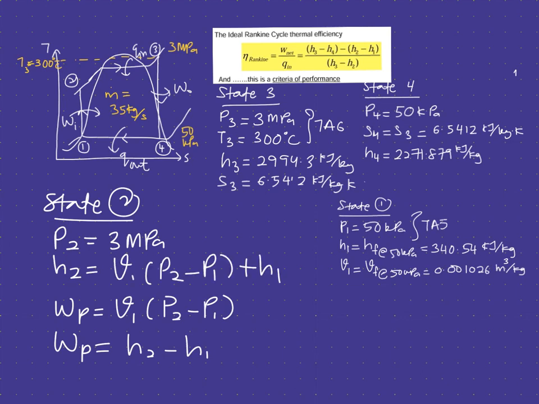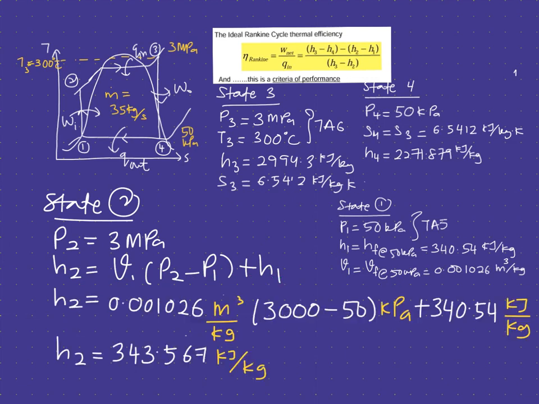Thus, you will get your H2 is equal to specific volume at 1 times the difference of pressure plus the enthalpy at 1. Please note that all these values have already been obtained previously. So you have your V1, so you plug in over here. P2 is already given here, 3 megapascal. Your P1 is 50 kilopascal, and your H1 is also obtained from state 1. So we solve this equation and finally we get your H2 is equal to.